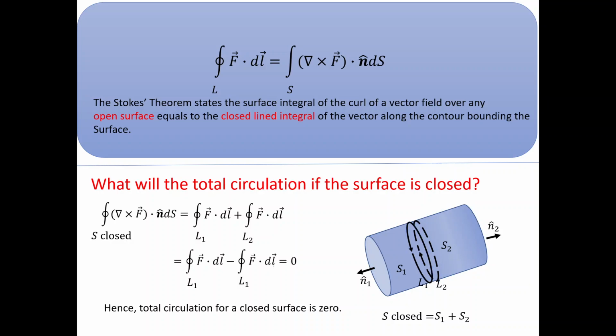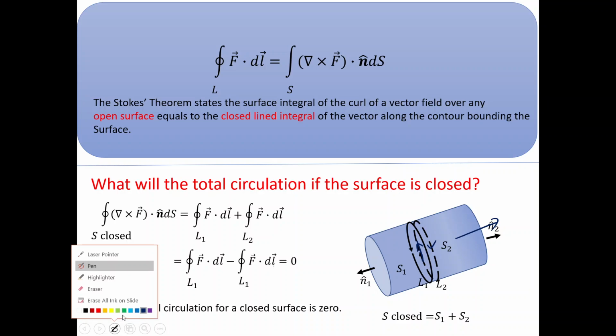And then by the right hand thumb rule, for this surface the circulation will be in this direction, and for this surface the circulation will be in this direction.